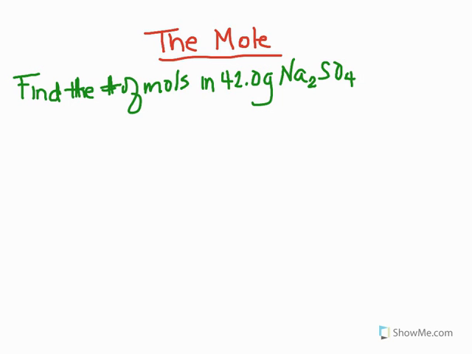Now, the way we do this is using the periodic table. It provides us with a means to find a conversion factor, to be able to convert grams to mole, or conversely, moles to grams. So the very first thing that we need to do is find out the molar mass. Using your periodic table, let's look at our compound.